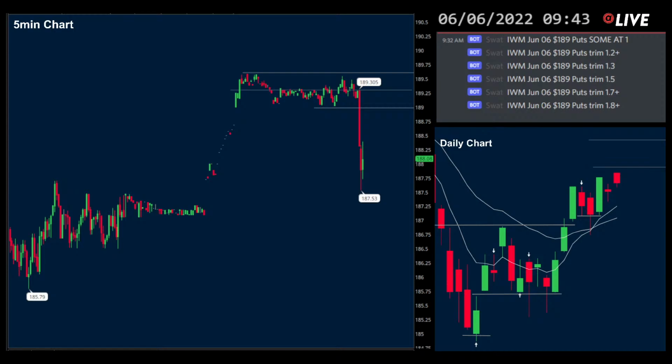JP Morgan higher on the bull flow. Oracle, some bull flow on Oracle.